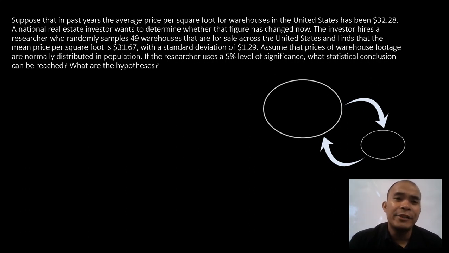Suppose that in the past years, the average price per square foot for warehouses in United States has been 32.28. So that's the population mean. Then a national real estate investor wants to determine whether that figure has changed now. The investor hires a researcher who randomly samples 49 warehouses that are for sale across the United States, and finds out that the mean price per square foot is 31.67.